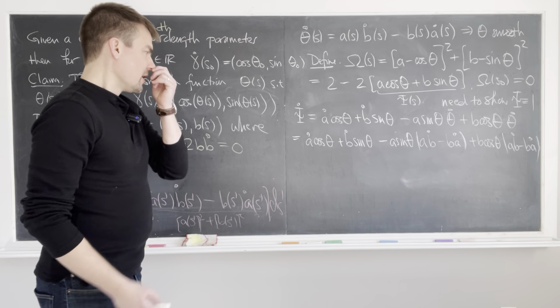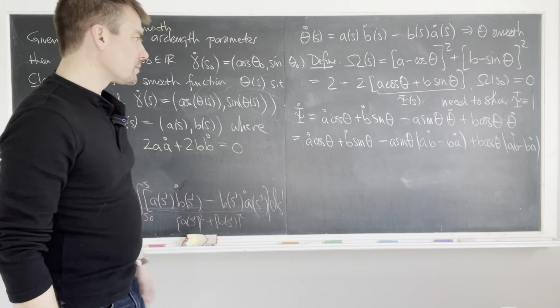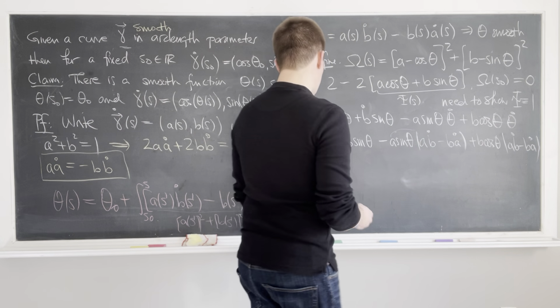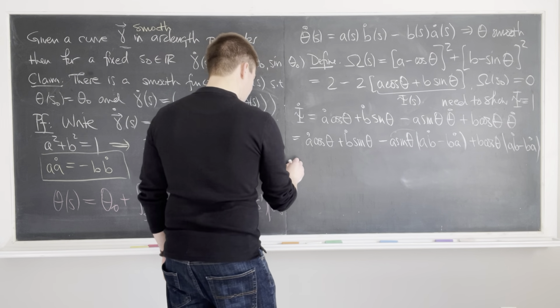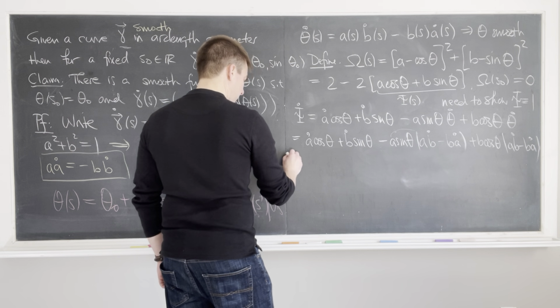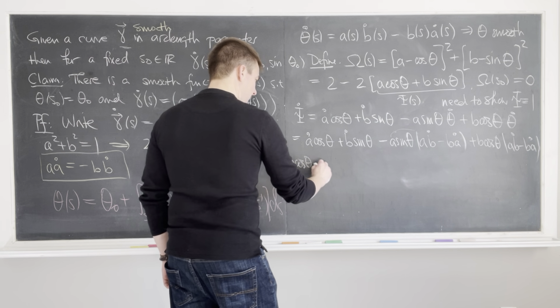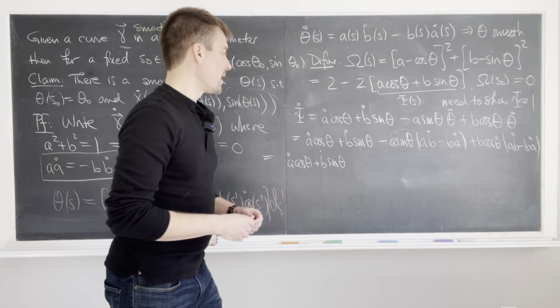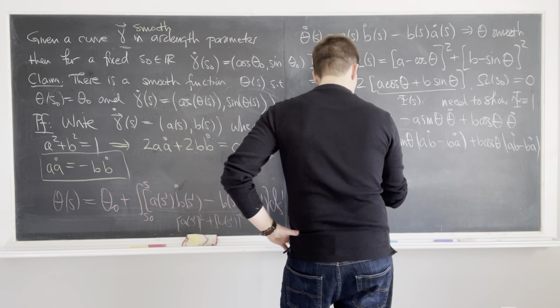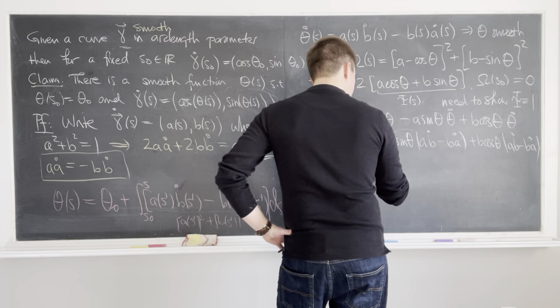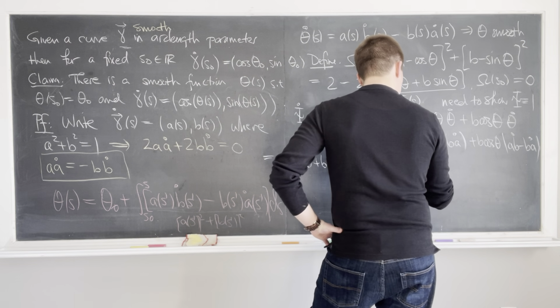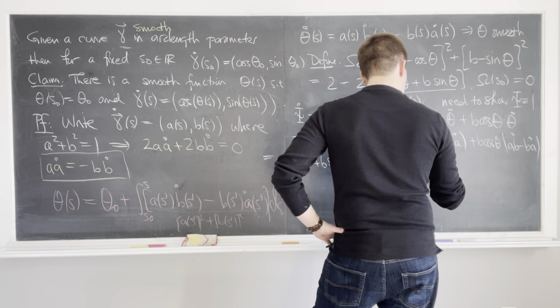Great. Now let's gather the like terms over here. So what's going to happen? This term over here is going to be an a squared. So I'm going to have an a dot cosine theta plus b dot sine theta, and then minus a squared b dot sine theta, and then plus a dot b sine theta.